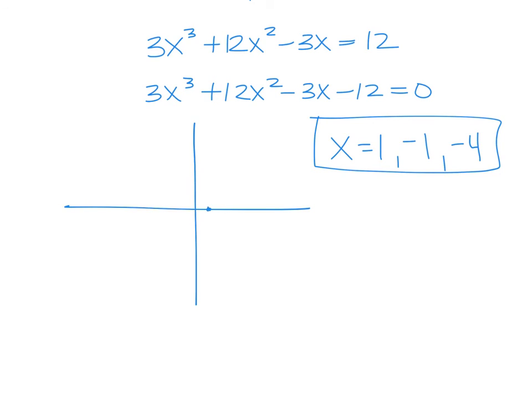So 1, negative 1, negative 4, right? So those are your zeros. When you sketch this one, it's going to go way off. We'll just pretend it doesn't go off as much. We'd be counting by a much different number on our Y's. Okay? Questions?